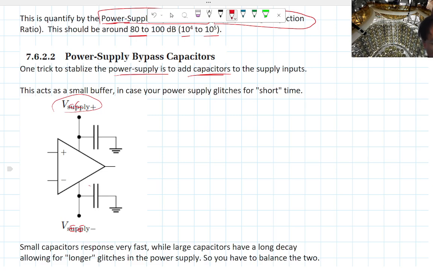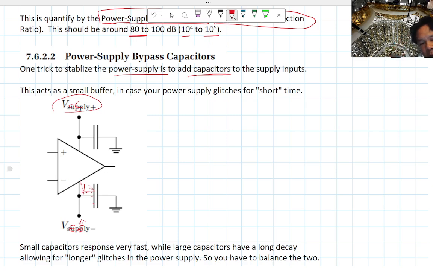This little capacitor acts like a little buffer, because in case there is a little glitch in your power supply, this capacitor continues to flow current out to your op-amp, and therefore it gives you a kind of soft landing.